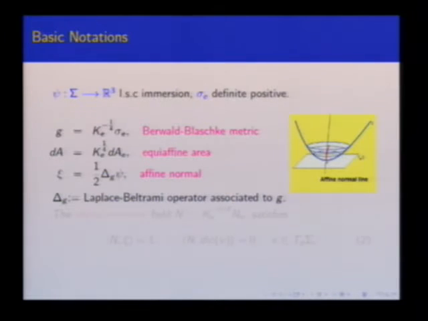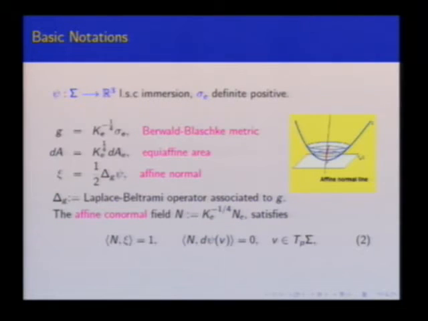The three most important affine invariants are the affine metric, also known as the Berwald-Blaschke metric, which is conformal to the second fundamental form, the equiaffine area element dA, and the affine normal, which is given by 1/2 of the Laplacian of the immersion with respect to the affine metric G.